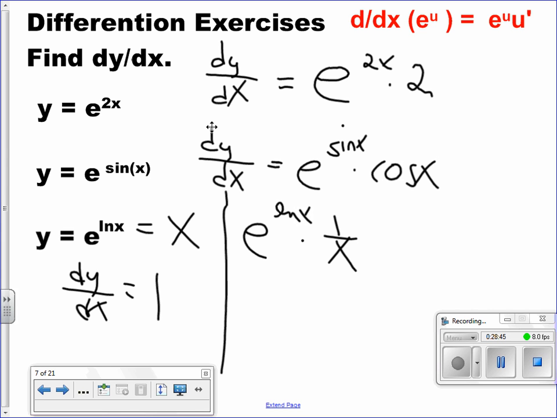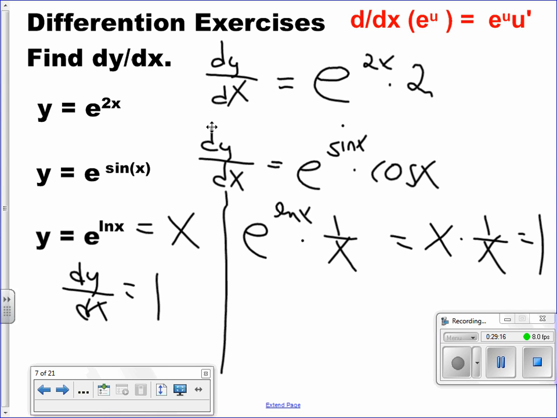I get how to do it, but I don't understand it. E to the ln of x can be simplified. What is x times 1 over x? 1. So e to the ln of x is equal to x, and the derivative is 1.